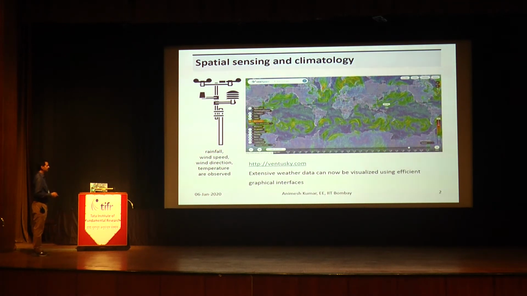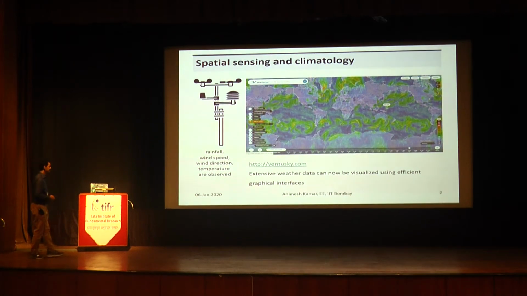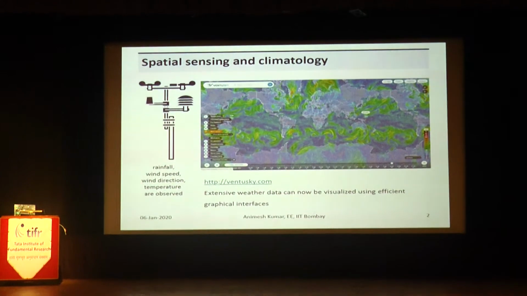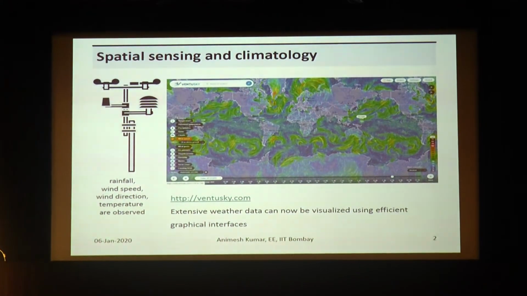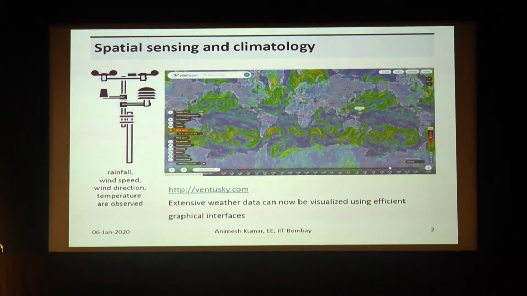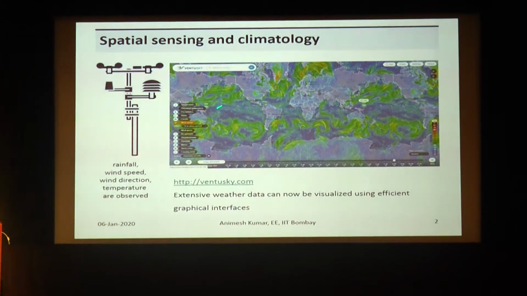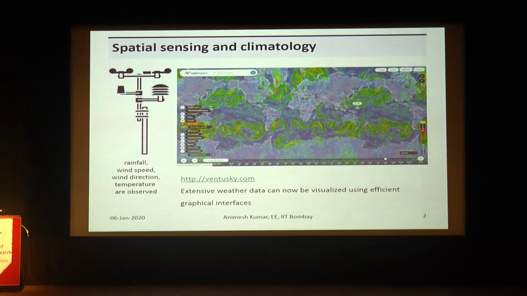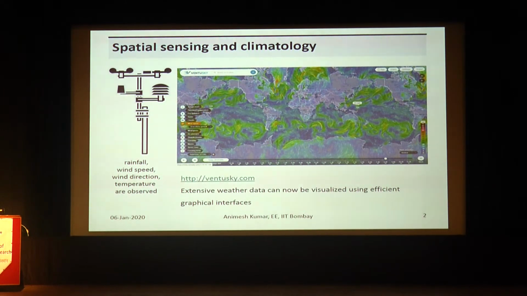And if we look at the state of the art, we have very nice graphical tools. For example, the picture on the right is from a website called Ventusky. What is shown here is the wind speed 10 meters above the ground, and you can pretty much visualize how wind is flowing at a given point in time across the entire globe, subject to some resolution.